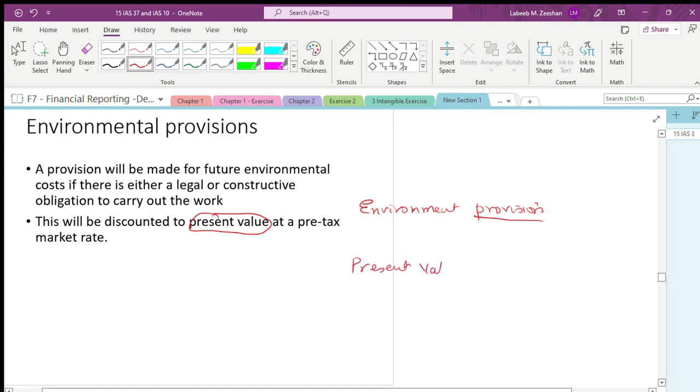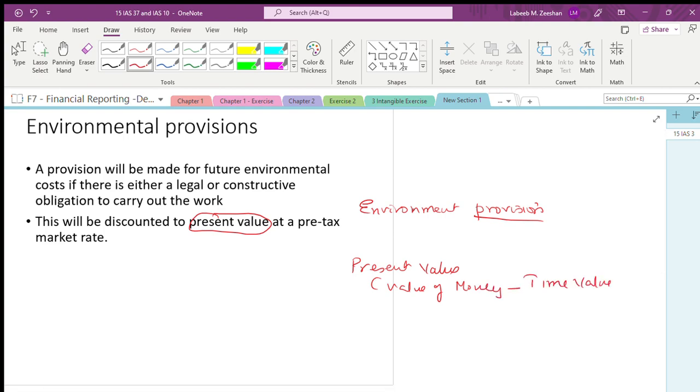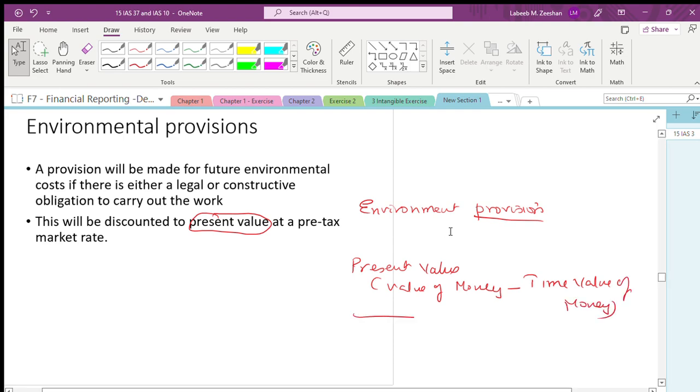Present value is nothing but the time value of money. That is what we are talking about.